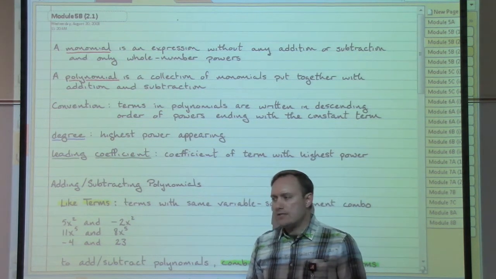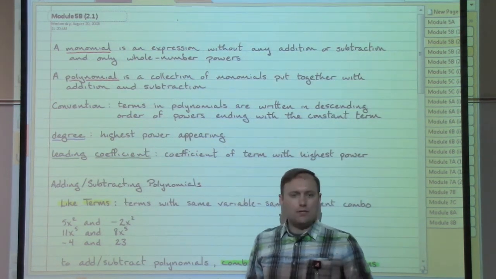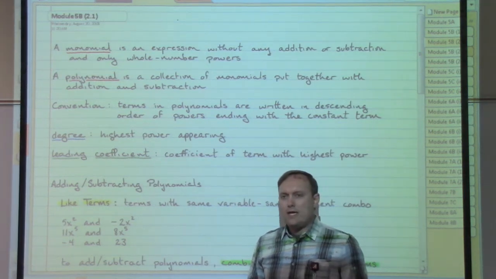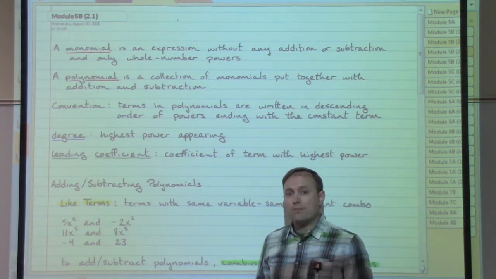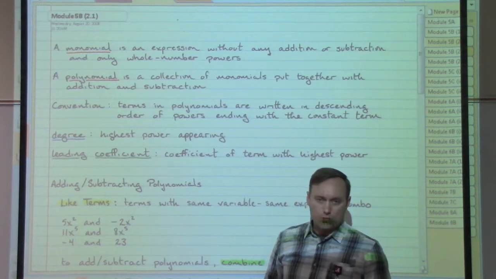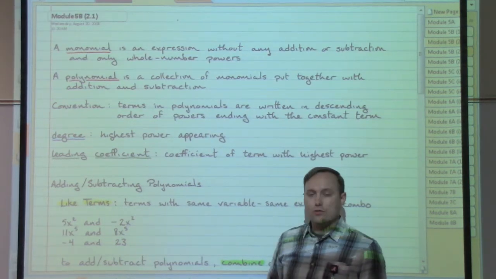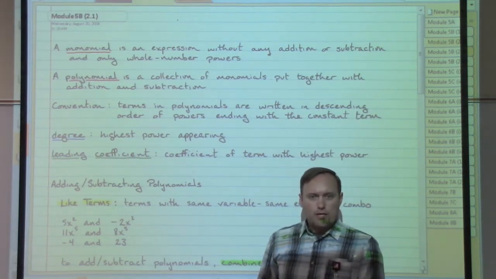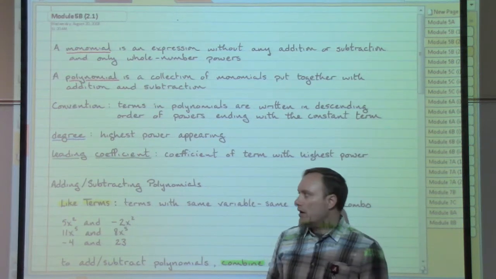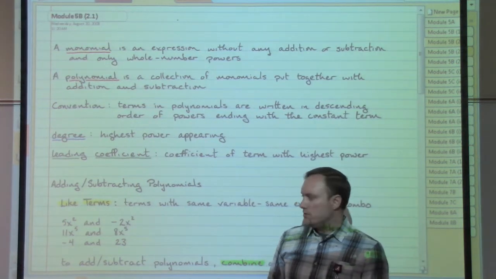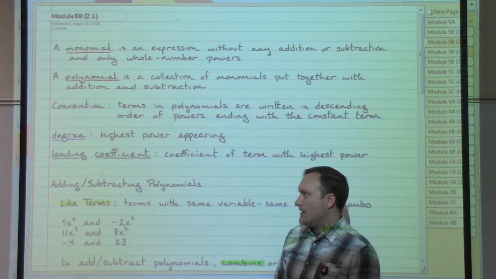One of the reasons is that other than referring to the number of terms, we can classify polynomials based on the highest power that shows up. The highest power that shows up usually is attached to only a single variable. Multiple variables, a little bit funkier, we'll deal with that in another little bit.